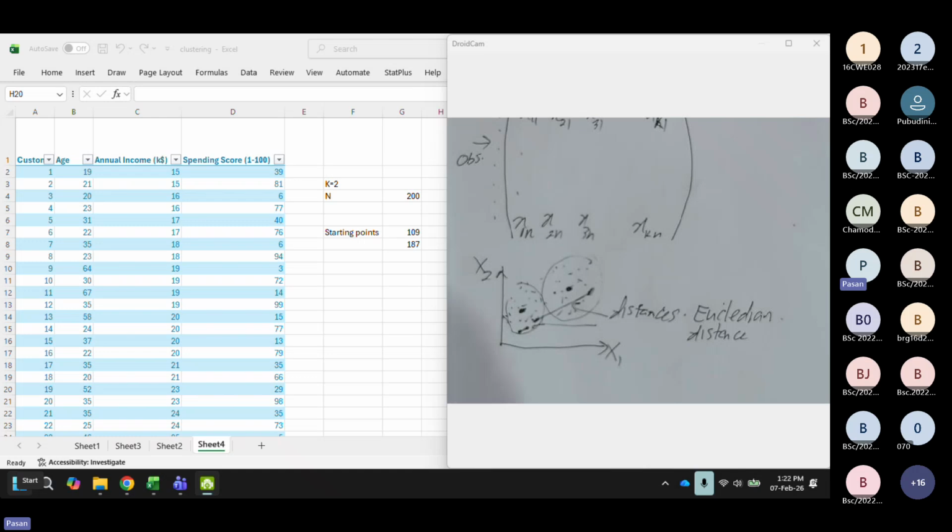Okay, so that's our regular word that we use whenever we are measuring distance in 3 dimensions, right?